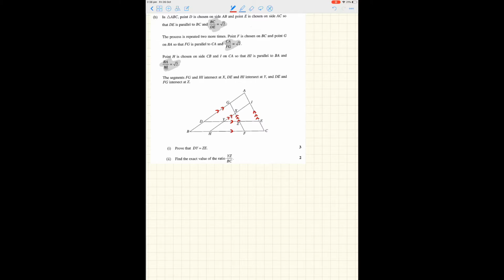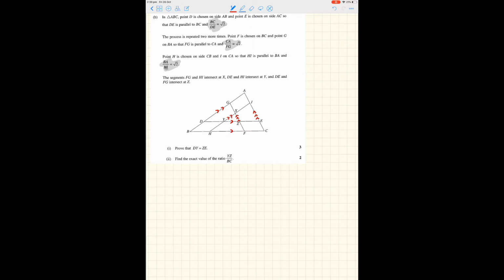A lot of people started off by trying to find out if these angles are the same, and they spent a lot of time finding all the different angles. That's going to eat up a lot of your time, so that's not what we're really after here. Once you read the question once, twice, and understand the data given to you, the ratio of the different sides being the square root of 2 and the parallel lines, then we can start attacking the question.